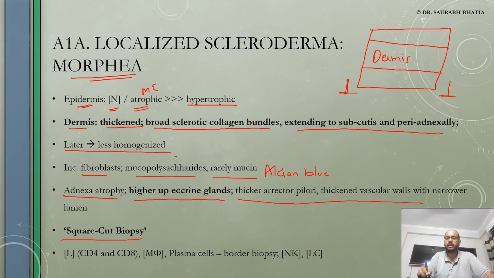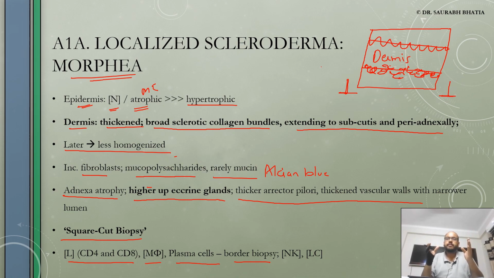In a normal biopsy, you will see a wavy dermoepidermal junction and a little bit of subcutis going inside the dermis. But in sclerosing disorders, you see a square cut biopsy, typically exemplified by morphea. The inflammatory infiltrate consists of lymphocytes, which are CD4 and CD8 positive, macrophages, and plasma cells. These are seen at the border of the biopsy, at the edges.